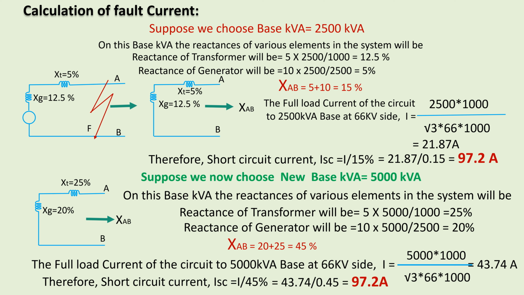Therefore, short circuit current ISC is equal to I divided by 45% is equal to 43.73 divided by 0.45 is equal to 97.2 amperes. So, the same fault current is obtained by using different base kVA.